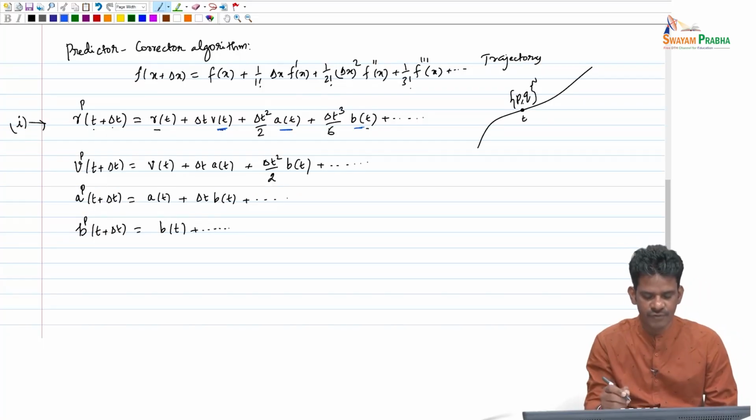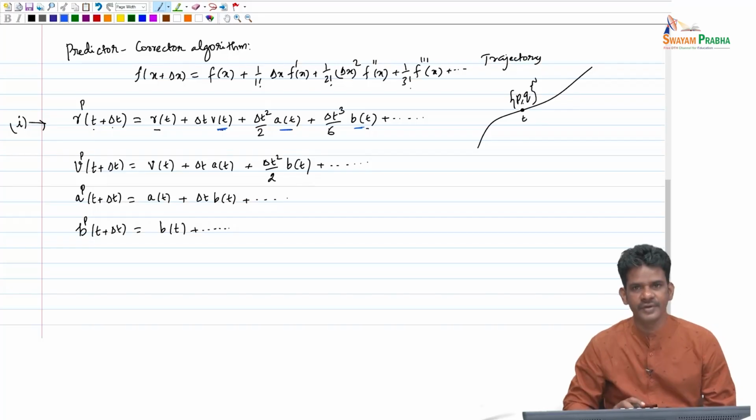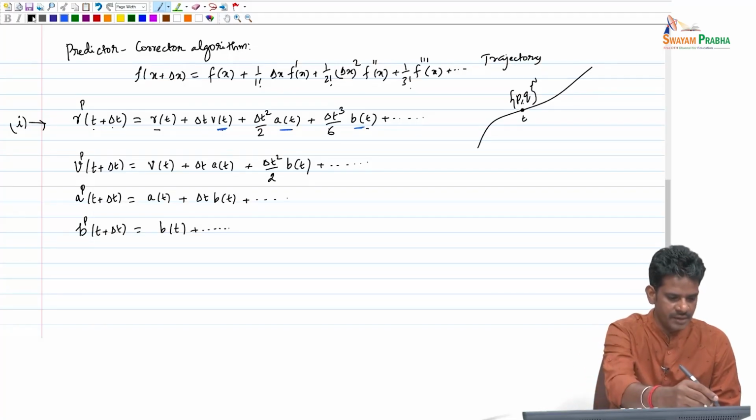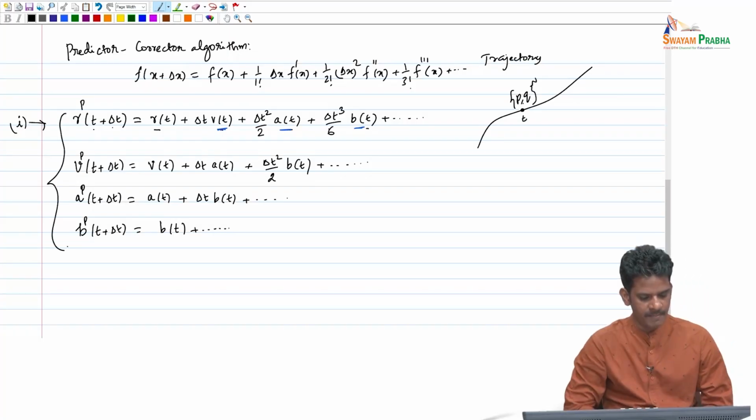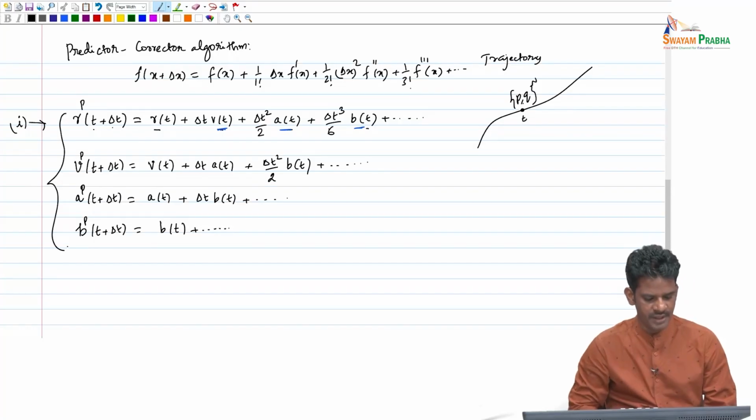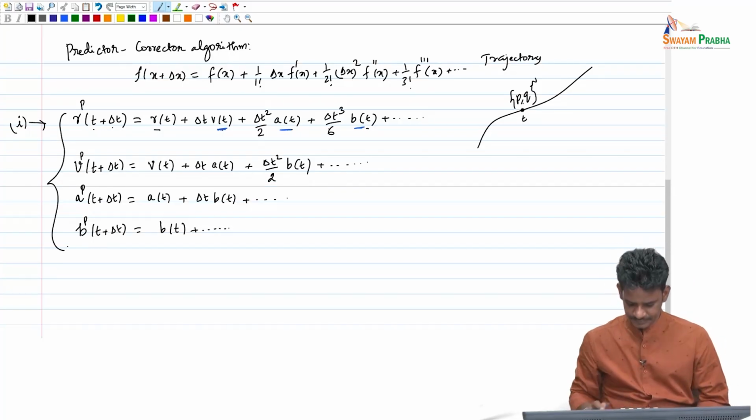So using this information we can write a cascade of these equations where all these r, v, a, b can be predicted at a time t plus delta t.